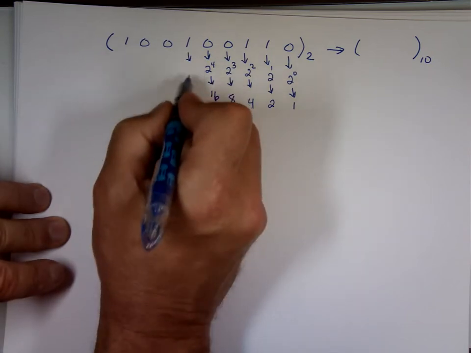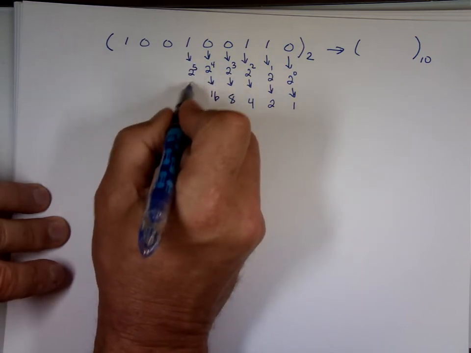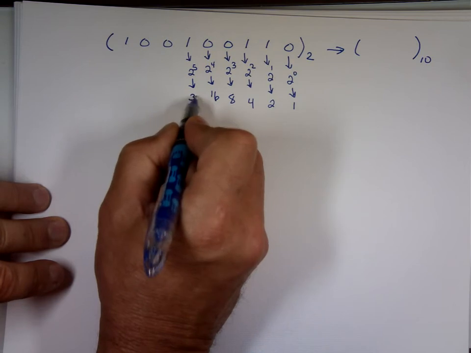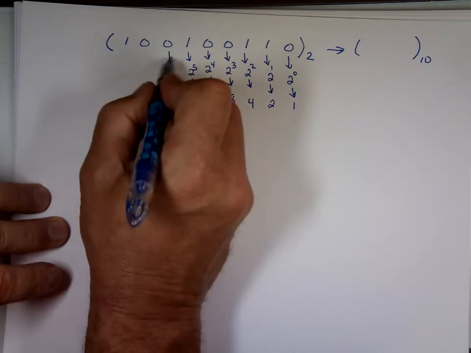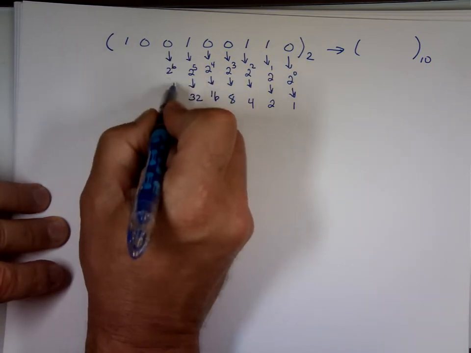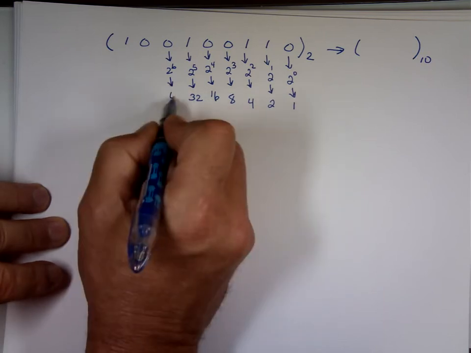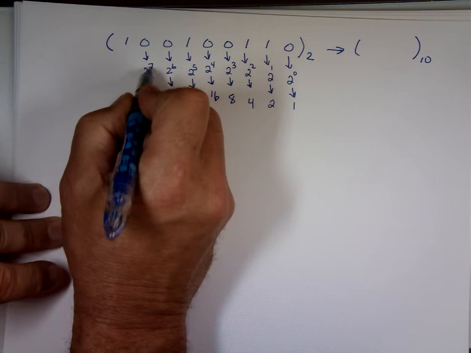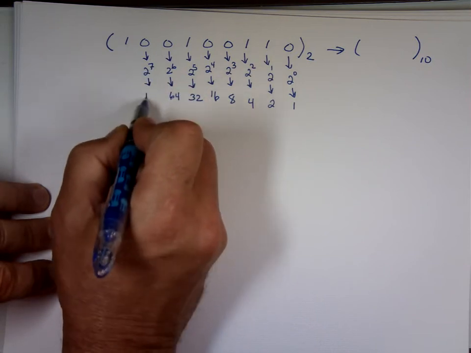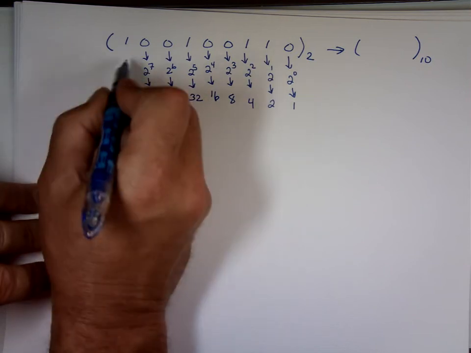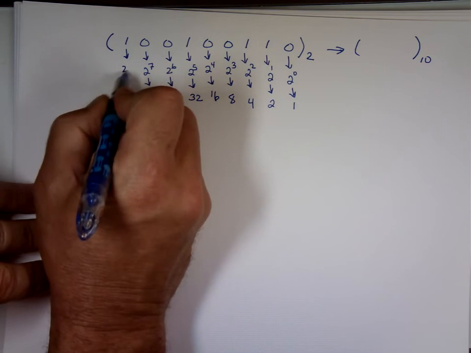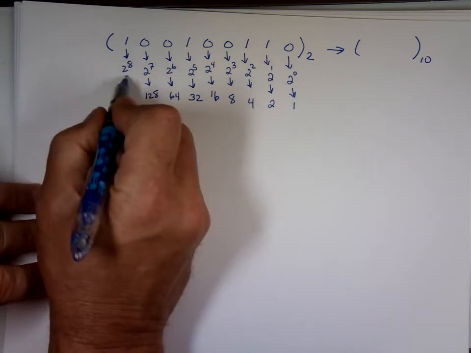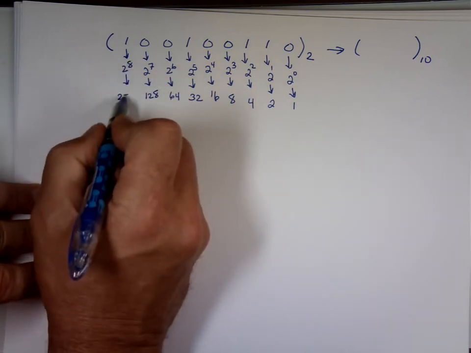This one, 2 to the 5th, 32. 2 to the 6, 64. 2 to the 7, 128. And 2 to the 8, 256.